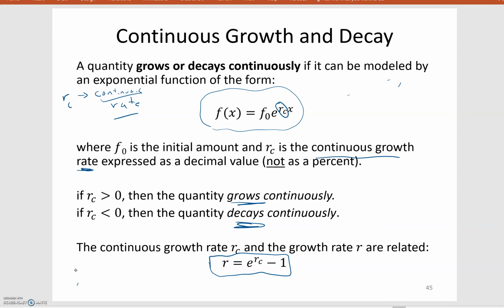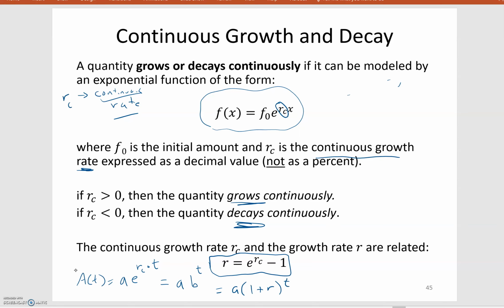So in other words, what we're saying is that if I write a model in continuous form, I can rewrite that same model in non-continuous form, a times b to the t, which is also equal to a times 1 plus r to the t, right?